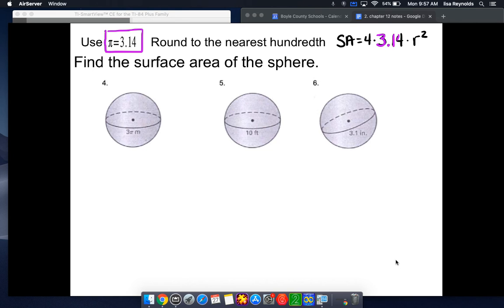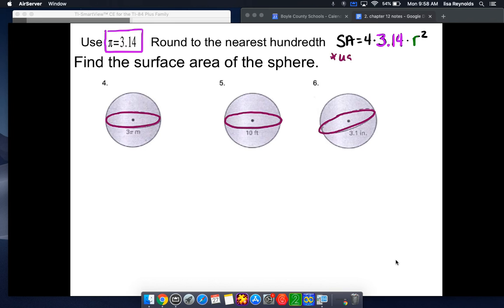We're going to have to use the radius, but what you're going to notice in each of these problems is we don't have a radius. In each of these problems, we have been given the circumference of the great circle.